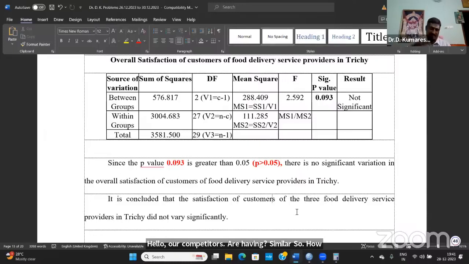Our services have given similar satisfaction among the customers. This is the right time for us to provide value-added services more than our competitors.